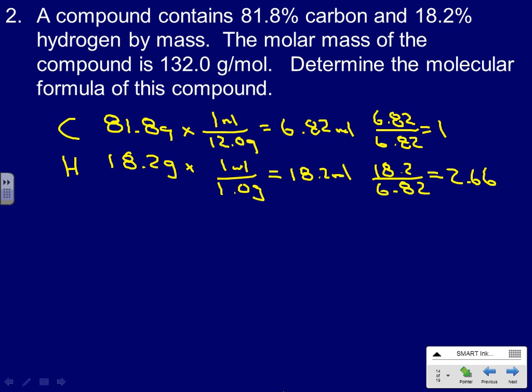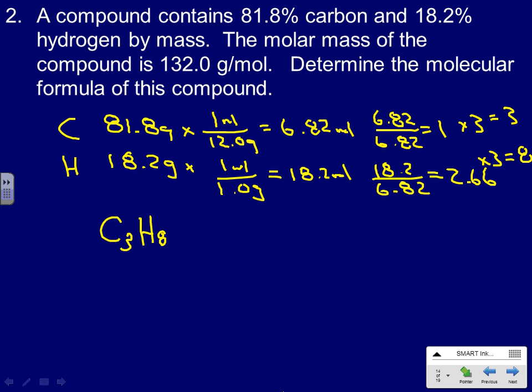We better ask someone else. Maggie, what do you got? I'm going to multiply by 3. 3 times 3. What does that get you? Yep, Brody. 8? 8. Beauty. So our empirical formula is C3H8.